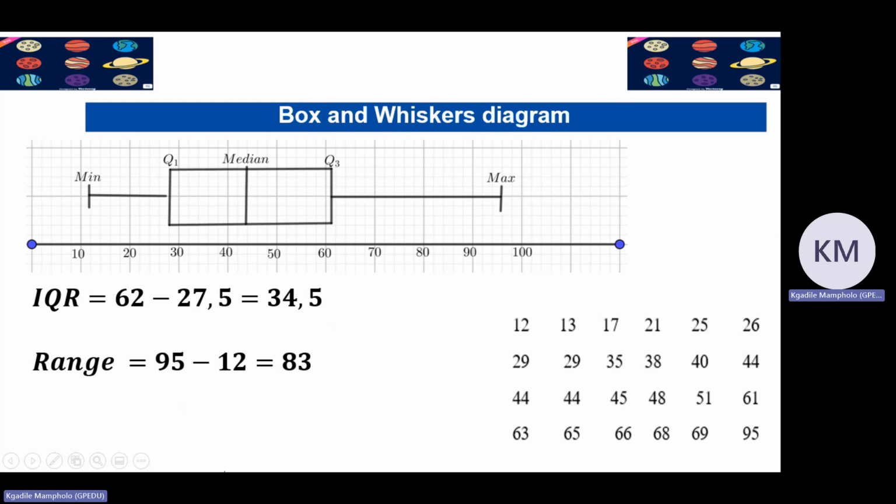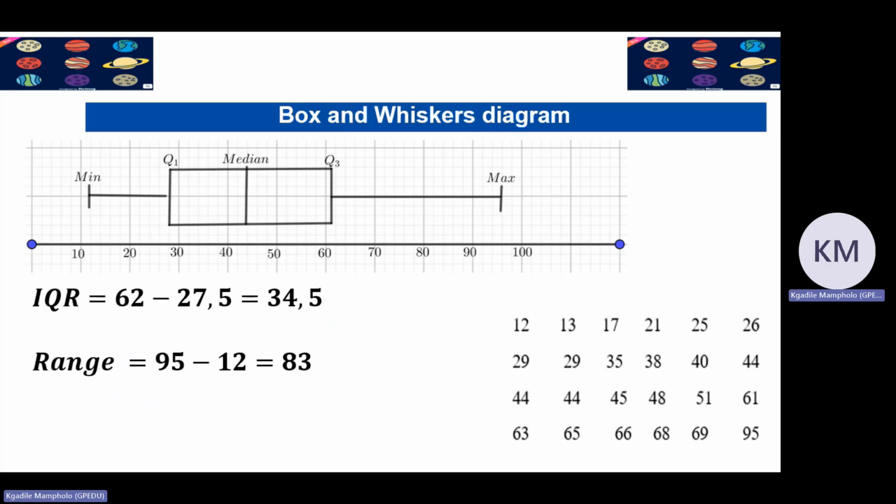So you can be required to determine the interquartile range. The interquartile range is the difference between Q3 and Q1. Then the range is the maximum minus the minimum, the difference between the maximum number and the minimum number.